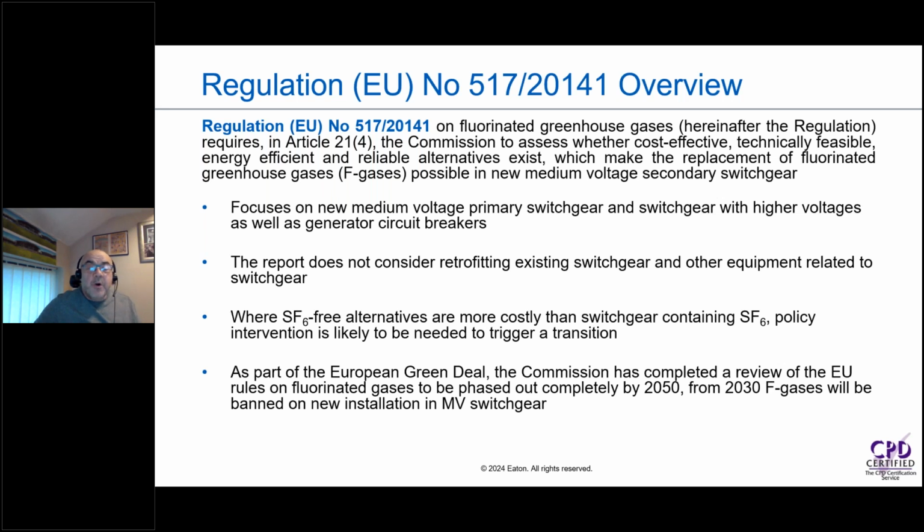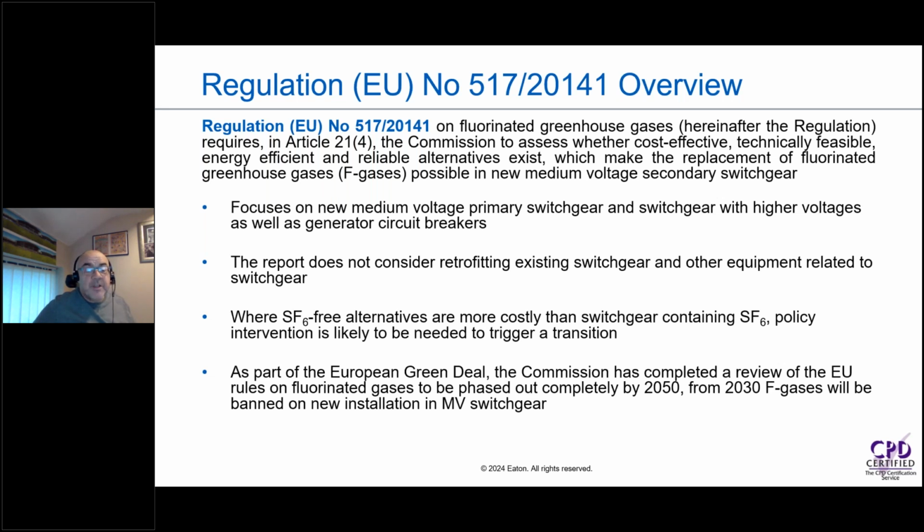The technical report focused on new medium voltage primary and secondary switchgear systems with higher voltages, as well as the use of SF6 within generator circuit breakers. The report does not consider retrofitting existing switchgear and other equipment related to switchgear. It just purely focused on technical and feasible alternatives. It also considered that where SF6 free alternatives are more costly than switchgear containing SF6, government or policy intervention would possibly be likely to trigger a transition.